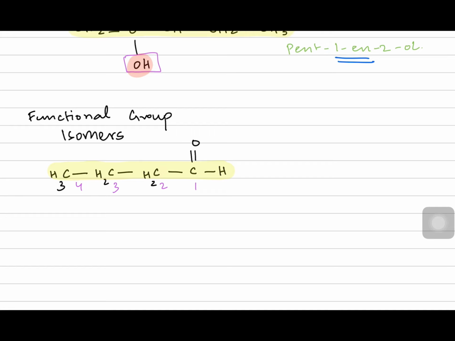I had another structure which is again 4-carbon, but it has the carbonyl in the middle, and thus we call it a ketone. We position it in a way that the ketone gets a smaller number, so we position it from the left side. 1, 2, 3, 4. So it would be an aldehyde on one side and a ketone on the other. The first structure on the left is butanal, but the second structure would be known as butan-2-one.